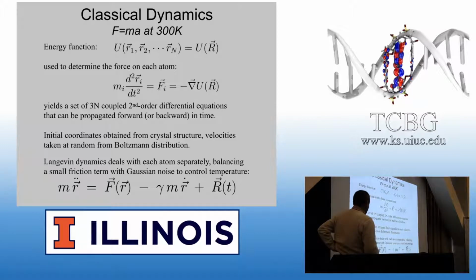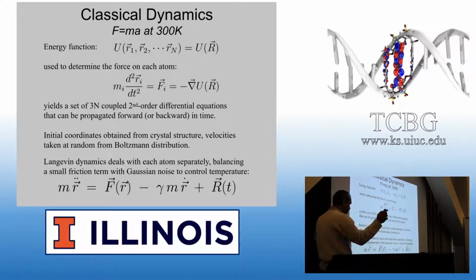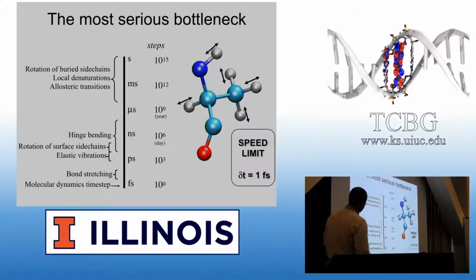And then most of the time, a very common flavor of dynamics that we do is Langevin dynamics, in which in addition to the force that you assign here, there is some term that introduces friction, representing what is happening in the bulk of the system, balanced with a random noise term. It also allows you to nicely keep a constant temperature. Let's look at this a little bit more.